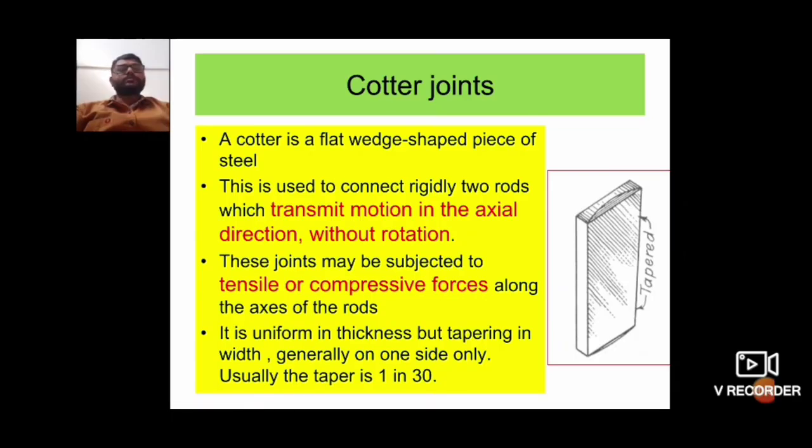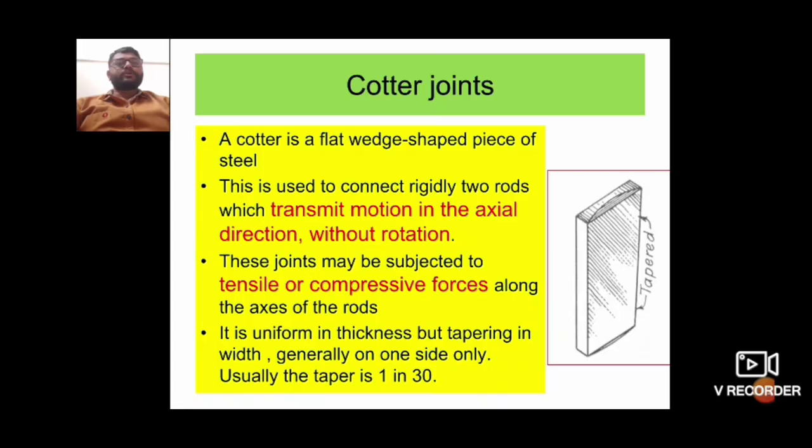this quarter joint is used to connect two axial rods which transmit the motion along the axial direction without any rotation. Also, in the quarter joint, the rods are subjected to axial tensile or compressive forces.